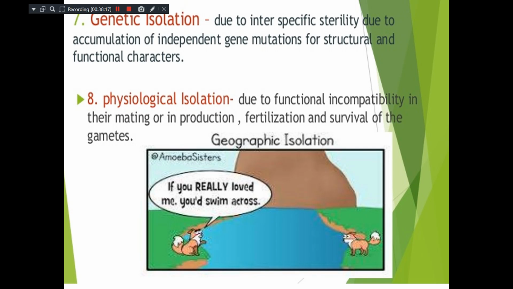A good example is the cross between a horse and an ass, which produces the mule and hinny. They can mate, but they produce infertile offspring. That is because of genetic isolation.